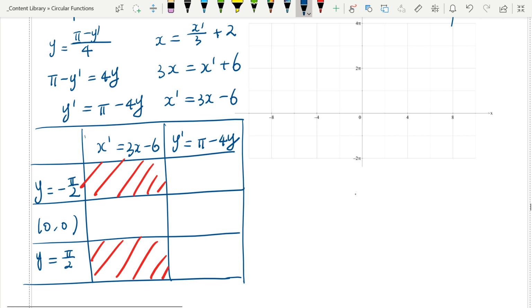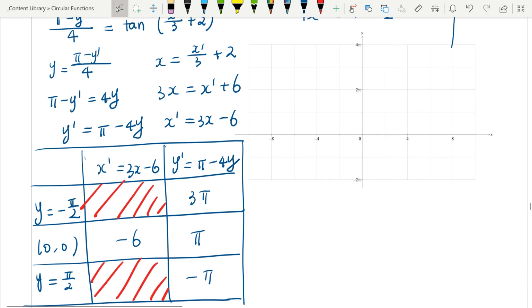If you think about (0, 0), I will have minus 6 and pi here. And if you sub y equals minus pi over 2 in that, that's 3 pi. I think that's minus pi. So it's y equals 3 pi and y equals minus pi.